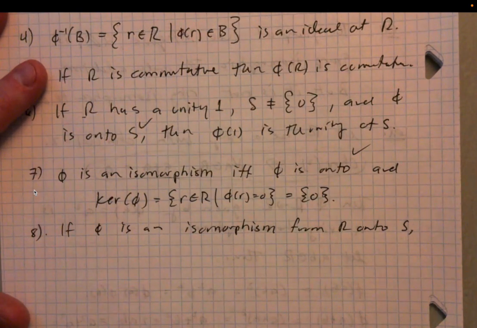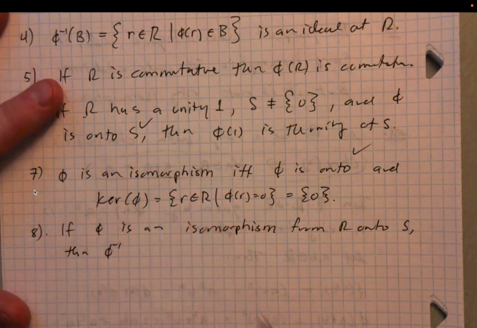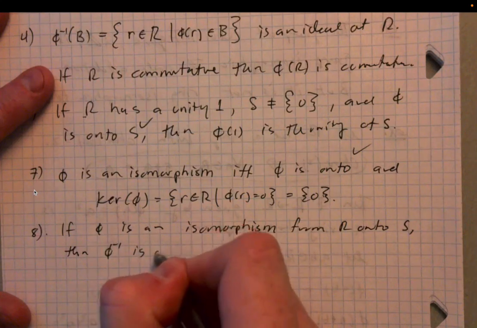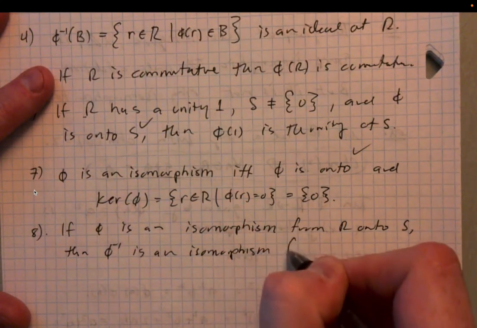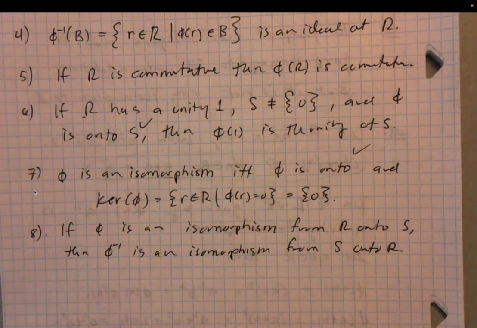That means we can reverse the mapping. Then phi inverse is an isomorphism the other direction, from S onto R. Exactly like we saw with groups.